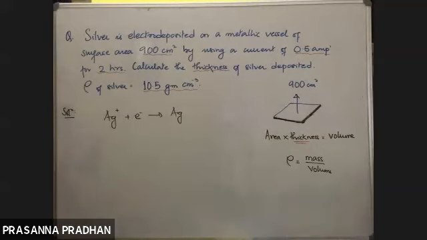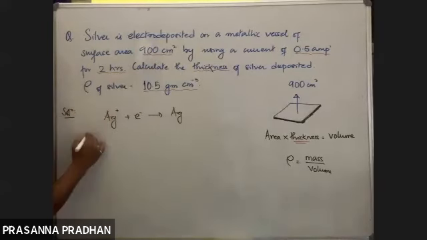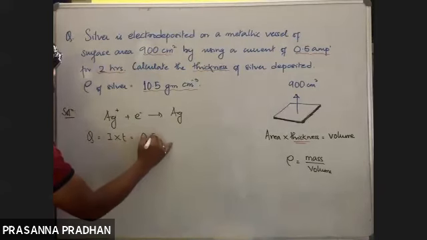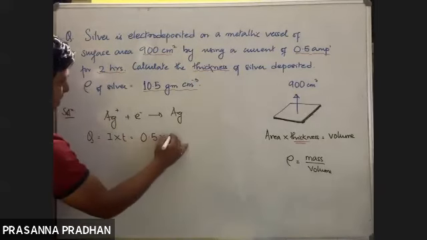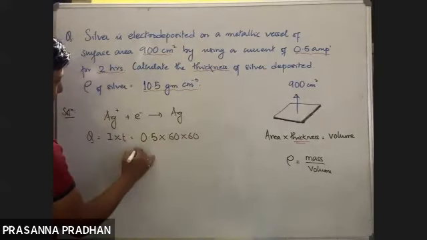Okay. So you are passing Q equals I into T. What is the amount of current you are passing? 0.5 ampere. What is the time required? 2 hours means 60 into 60.